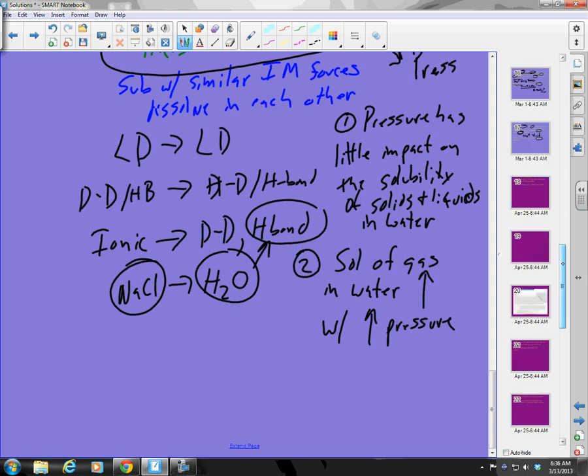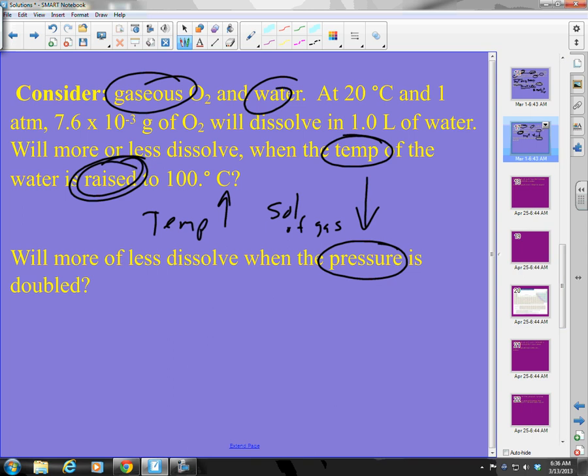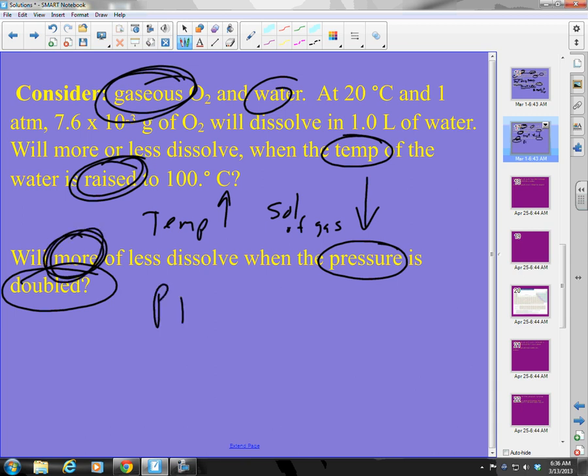And so we can answer that question now. What happens, will more or less dissolve when pressure is doubled? We're talking about a gas. So if my pressure is doubled and my gas is over my water, what's going to happen? More will dissolve. So when pressure increases, solubility of my gas in water increases.